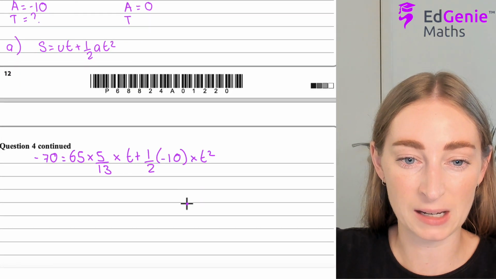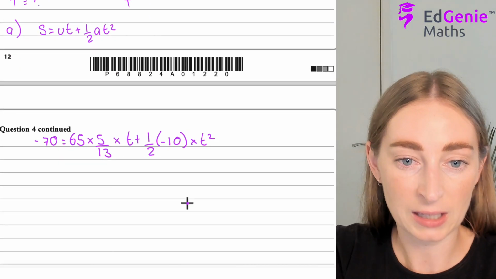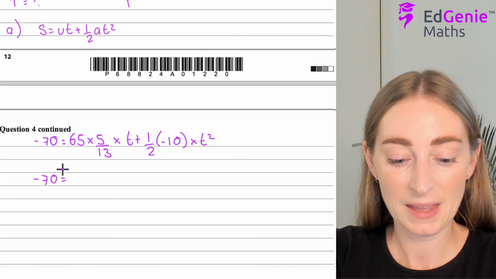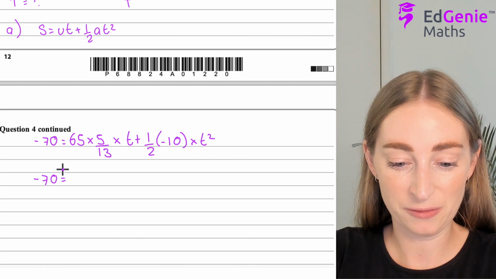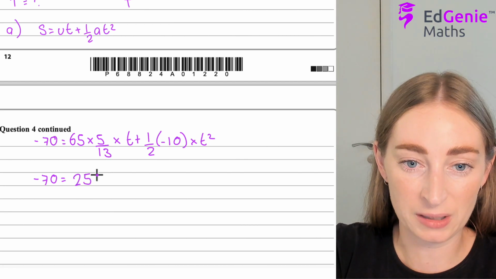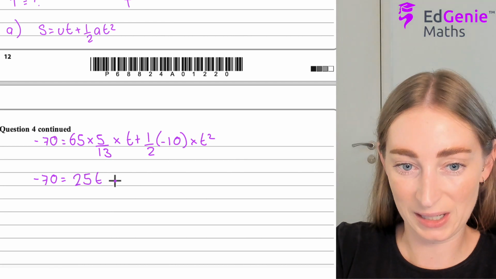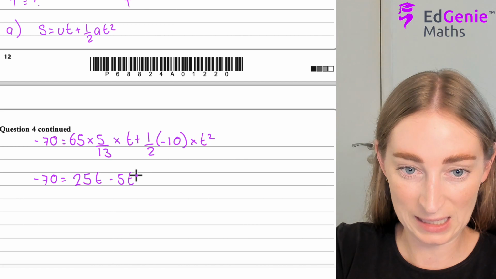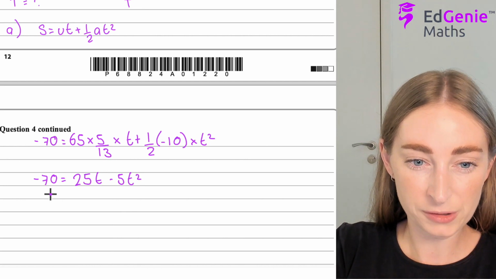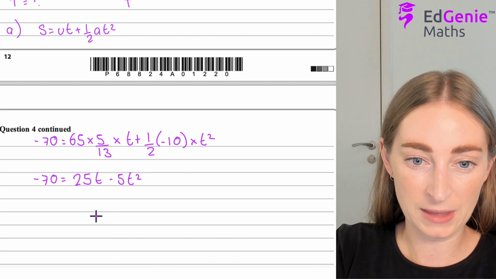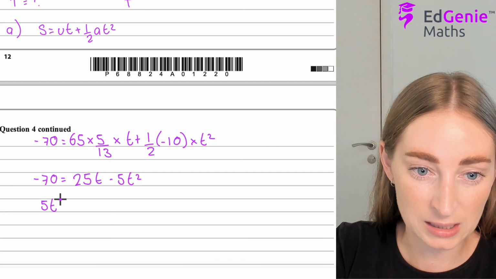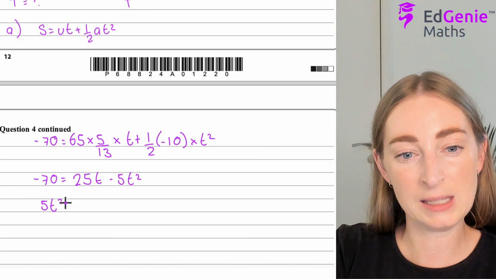So let's multiply this out, and then we can solve. 65 times 5 over 13, that's going to be 25, so 25t, and here we're going to have minus 5t squared. So we can divide everything by 5, but also I want to take the minus 5t squared over this side to make it positive. It's going to be a bit easier for me.